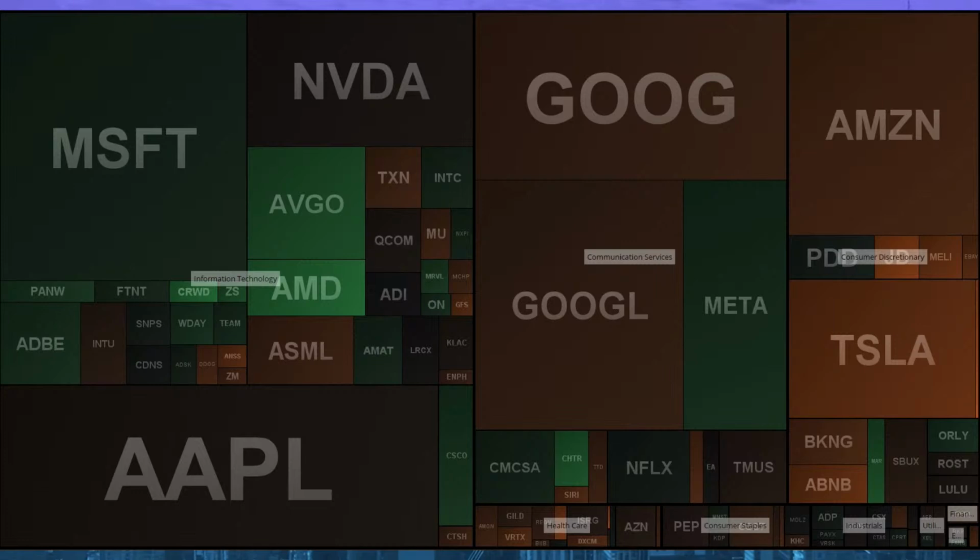But you can see with those names, the majority of them are in red territory, from Alphabet, Tesla, Amazon, even Apple lingering around that mark, down slightly, about 0.5%. It's just difficult for the Nasdaq 100 or even the broader S&P 500, to be fair, to really get its feet under it.